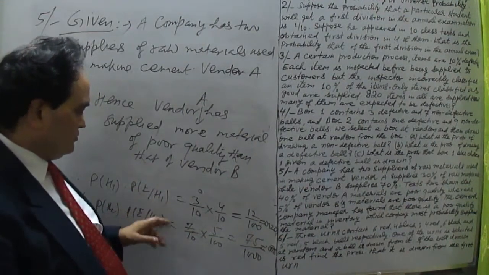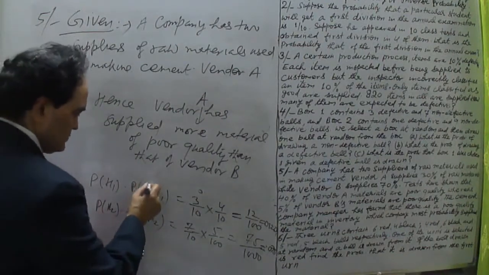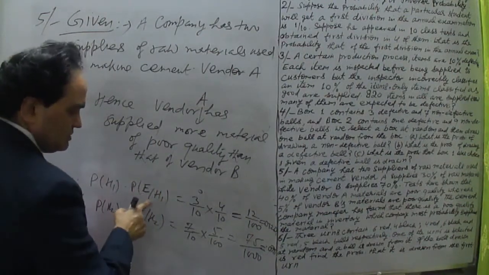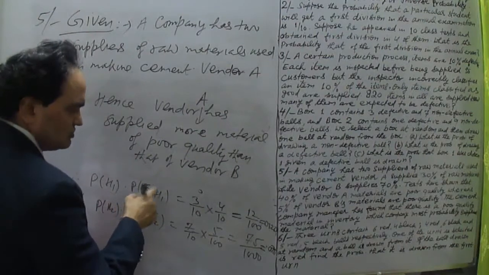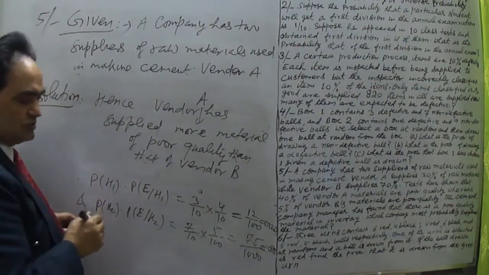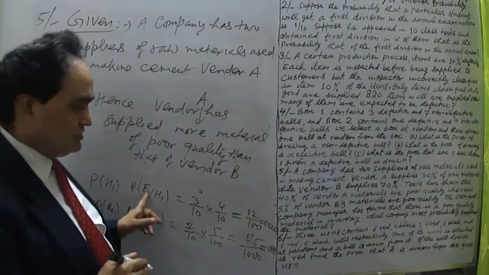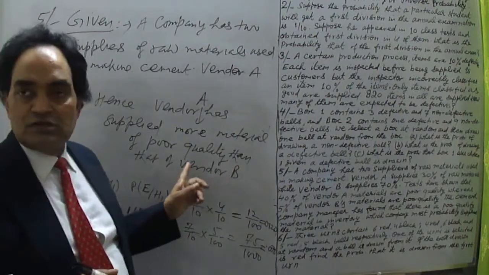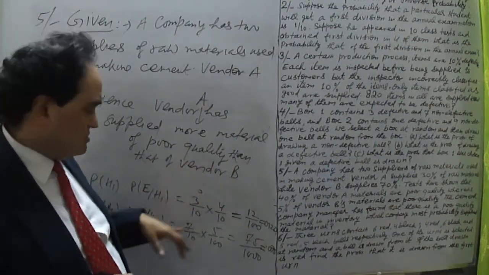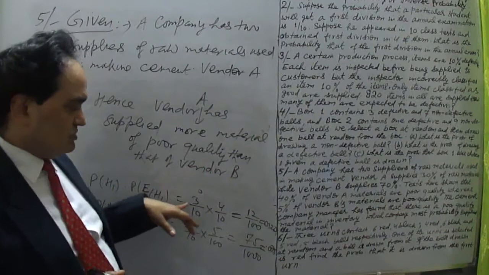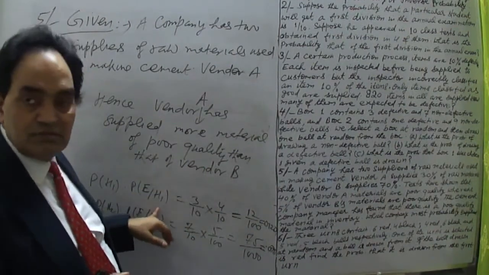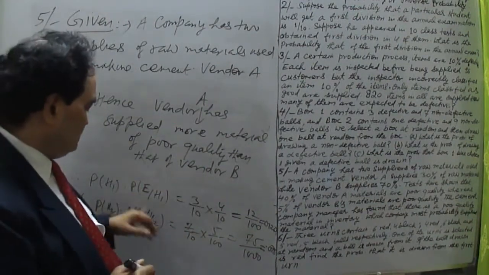Probability of E upon H1. E is the event which is of poor quality or defective item. E denotes poor quality. H1 denotes that the material is supplied by vendor A. That is H1, event B2.